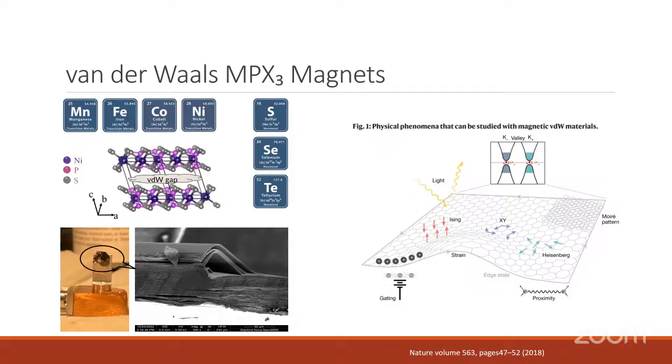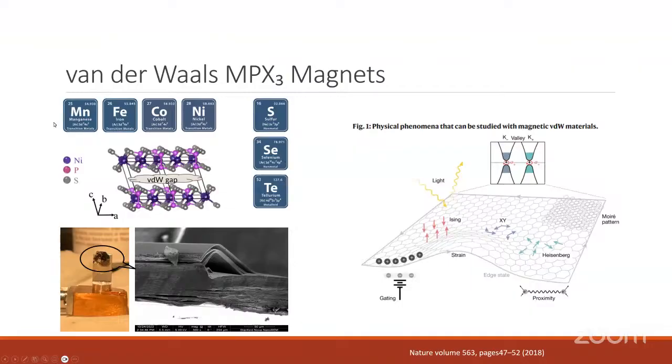Just a very brief overview of this material. As you can see here, this is a family of materials. For example, the transition metal site can be replaced by either magnesium, iron, copper, or nickel ions, in combination with the other site, such as sulfur, selenium, and tellurium.